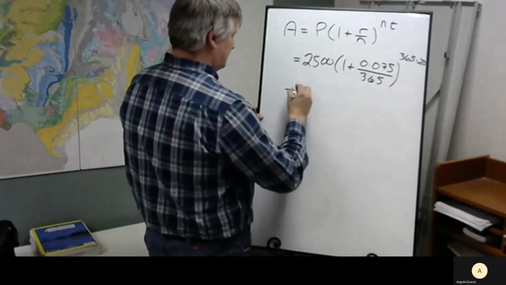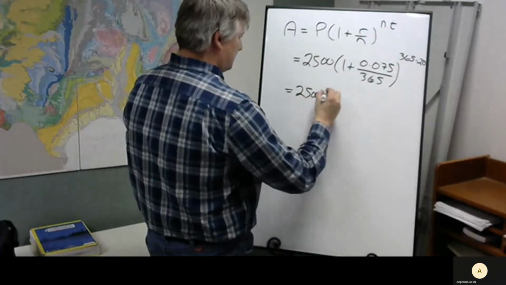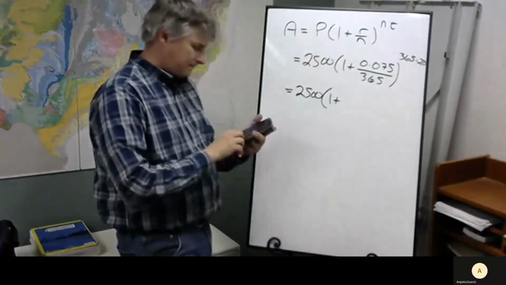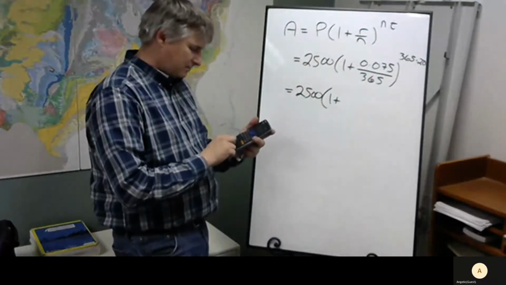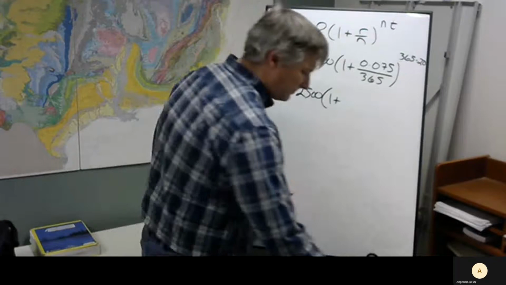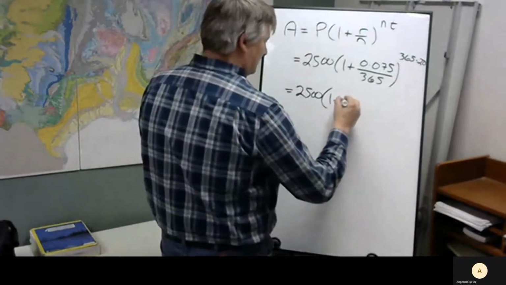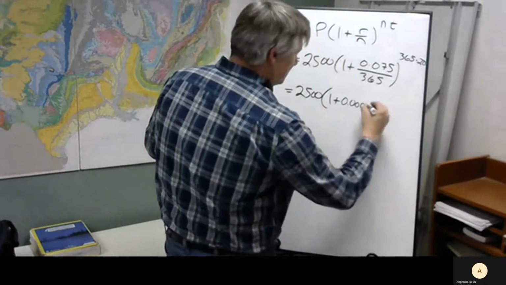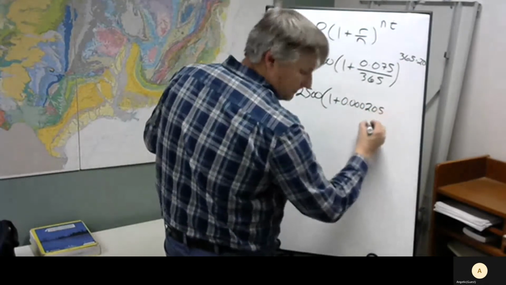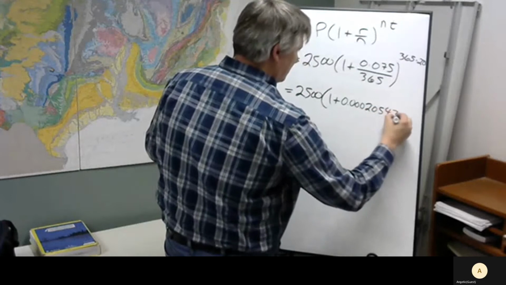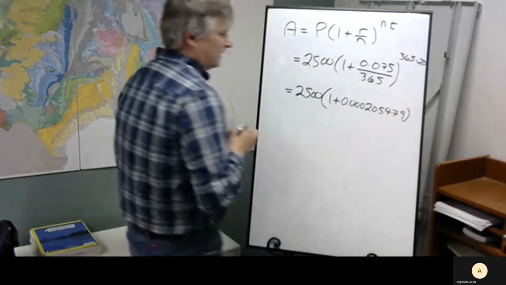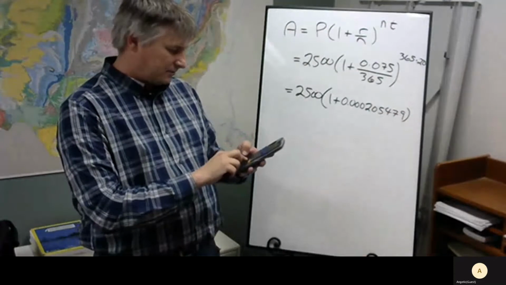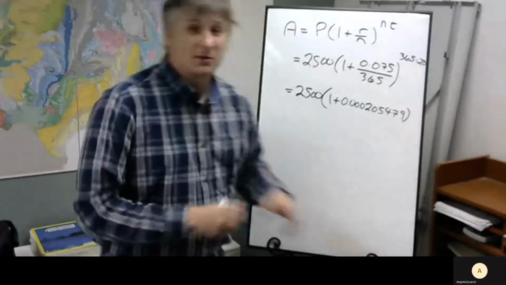So this will be 1 plus, let's see here. And then 365 times 20, so we'll have to squeeze that number in there. 7,300.